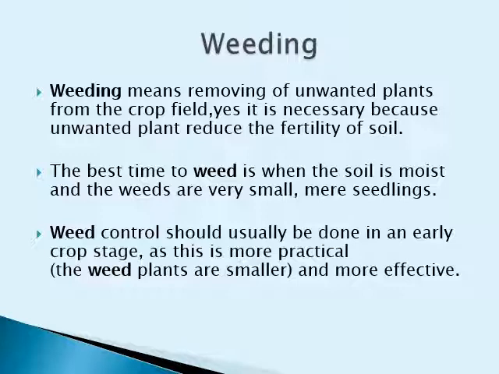Weed control should usually be done in the early crop stage as it is more practical, students, and more effective. In the later life of the weeds, they produce flowers as well as seeds which can disperse to other places and even harm the other crops.